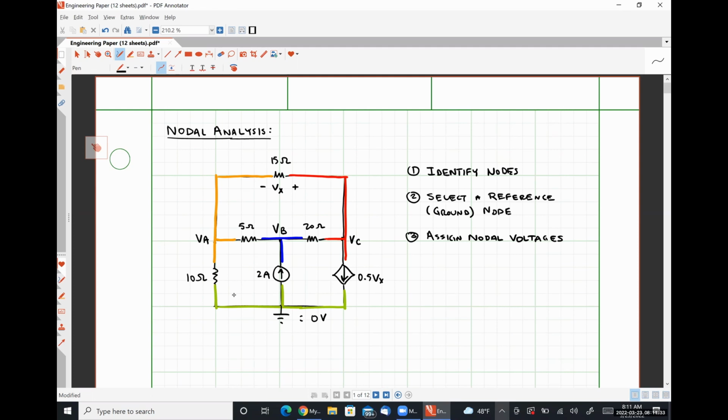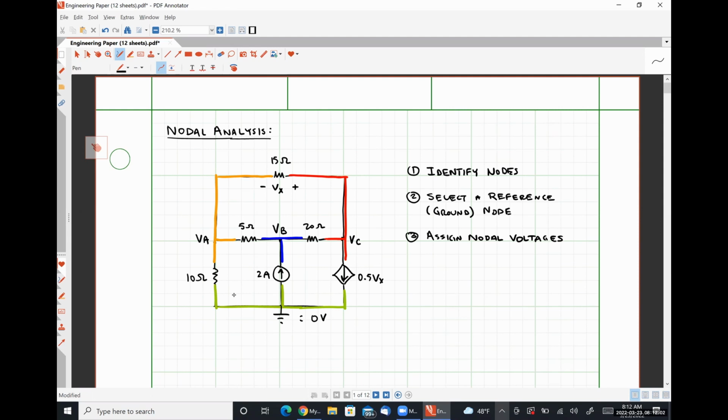So we could say that VX is simply VC minus VA. We'll be able to express all voltage drops in our circuit as a combination of nodal voltages, okay? But inherently, nodal voltages are measured with respect to ground, and the nodal voltage designation is the positive polarity terminal, and ground is the negative polarity terminal, okay?